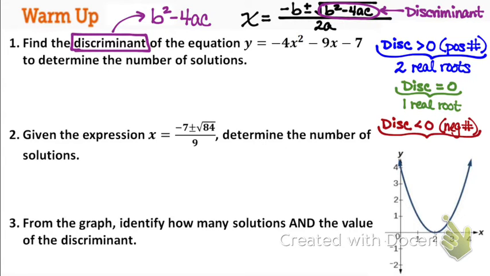Imaginary now, and it's going to be 2 imaginary roots. The only way we get 1 root is if it's 0. We call them complex or we call them imaginary roots. Those get used interchangeably. So 2 complex or imaginary roots here.